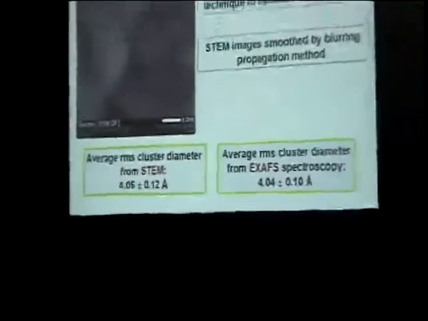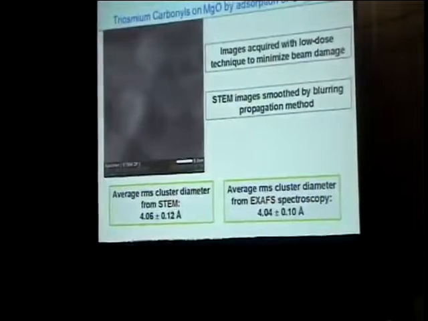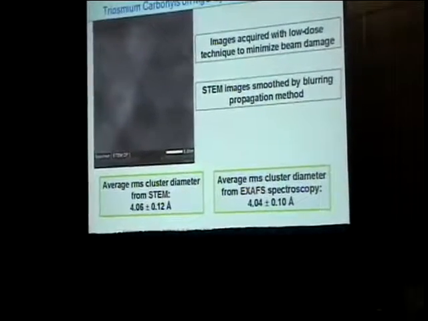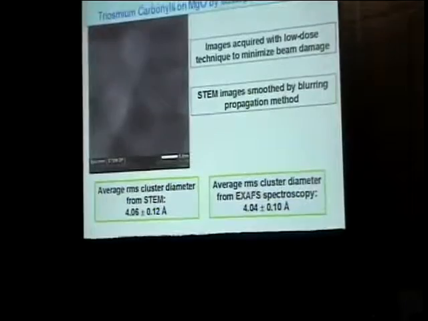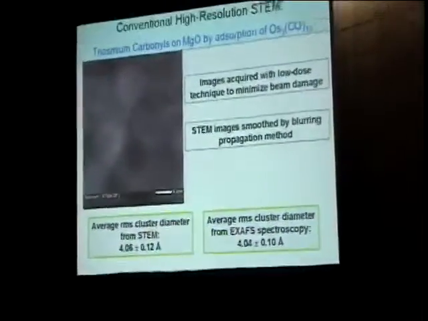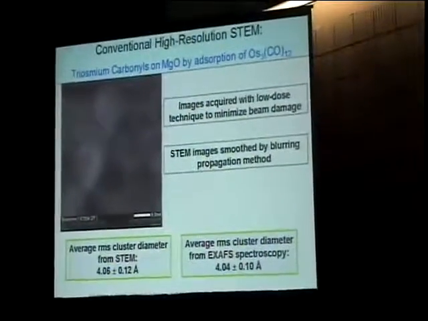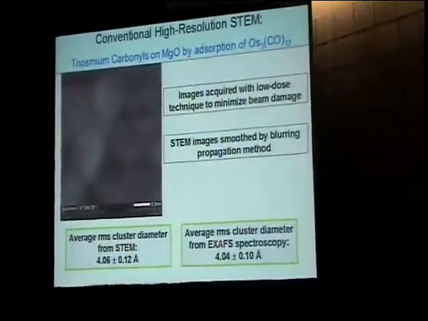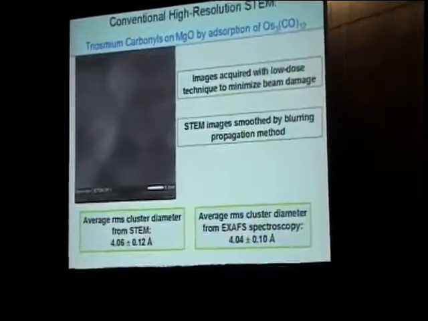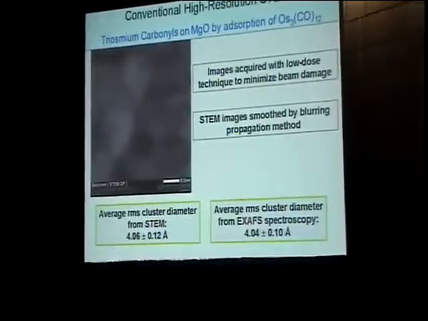There's that diameter. And if one determines spectroscopically what the predominant surface species are, and the infrared and the EXAFS lead to that, then you get triosmium carbonyl, and it's lost one CO ligand and it becomes an anion. So it's still triosmium.